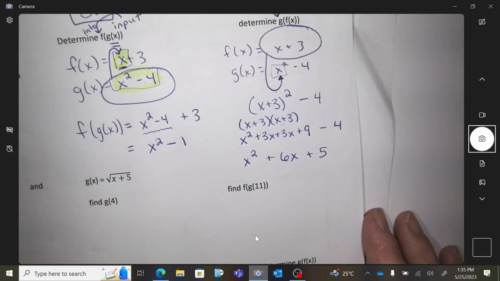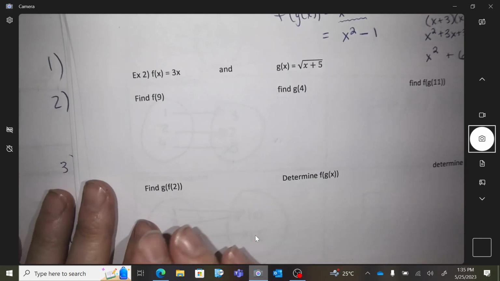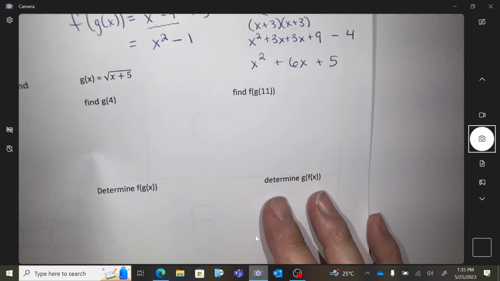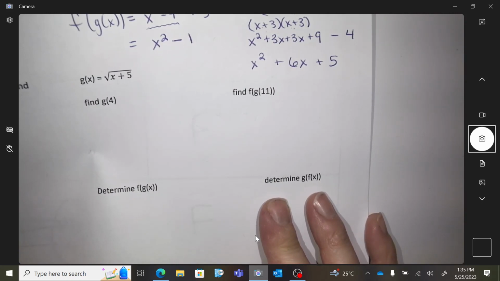Okay, one more example of that. Did you get all your FOIL parts?